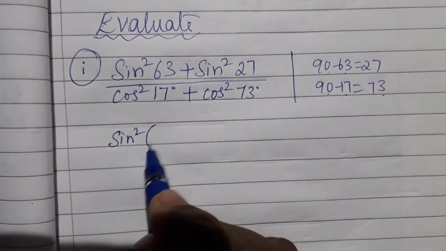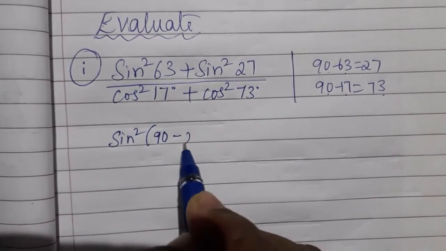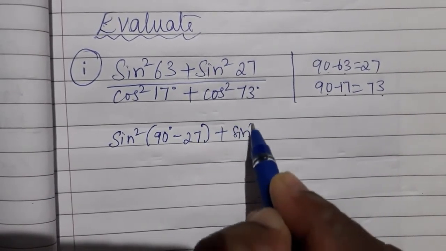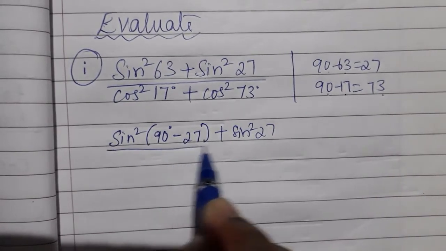Sin² (90 minus 27) plus sin² 27. I am using complementary angles.